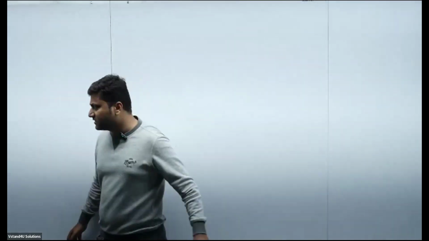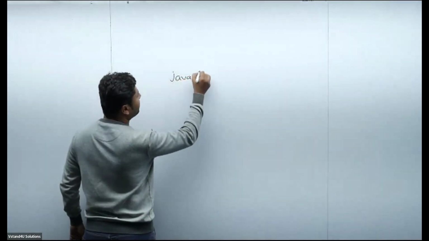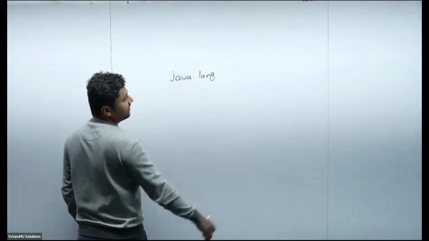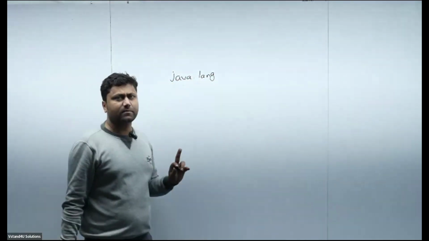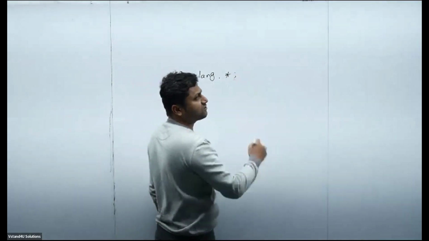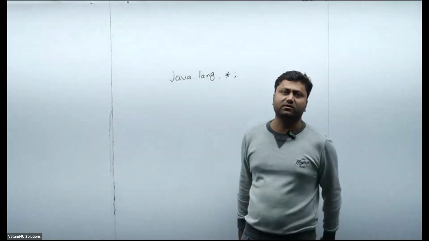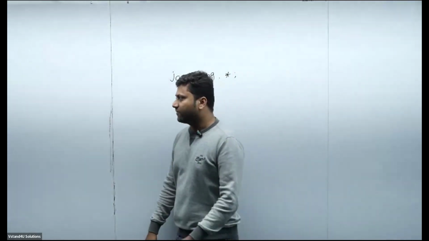For using these classes in our source code, we don't need to write any import statement at all, because these classes come from a default package, and the default package name is java.lang. This is the package which has a bunch of classes that are given to us by default. Am I clear to you, everybody?